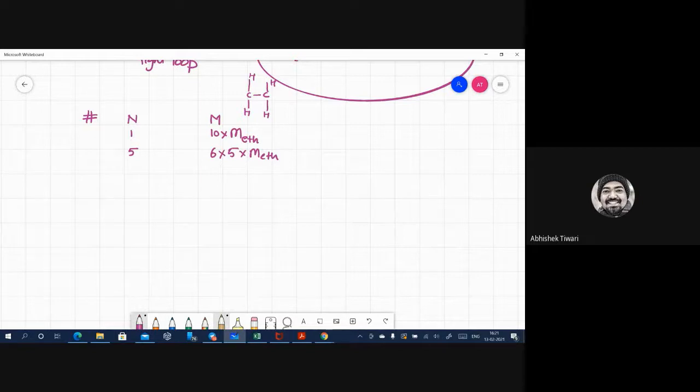Similarly, I can have 100 chains where I have 3 mers in each. So 3 into 100 into M_ETH will be the molecular weight of that. Okay. So I do this. I first do the counting and then I multiply by the number of chains.